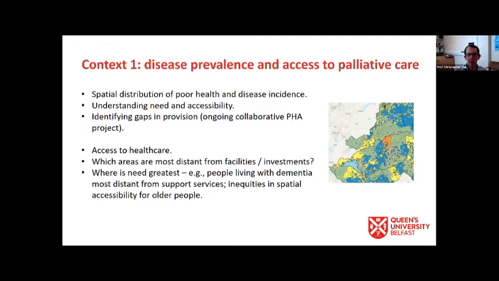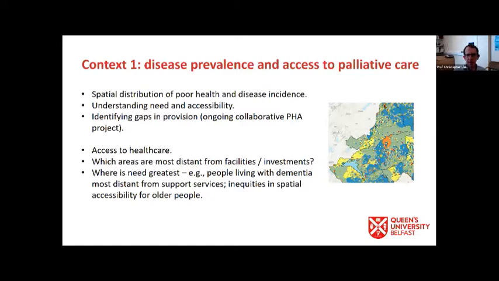And I should say, this piece of work I will introduce in terms of the funding and where it comes from, but it's part of a wider programme of work, including a collaboration that I have with the Public Health Agency in Northern Ireland at the moment, looking at gaps in funding. So which particular areas have less access to community-based funding, for example. So I'll talk a little bit about those sorts of themes.